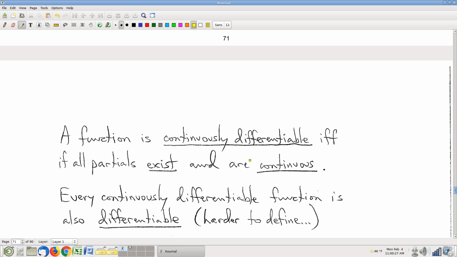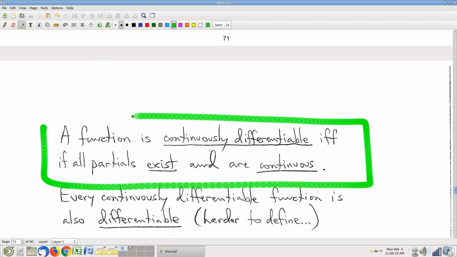Okay. So we'll start with one thing that's easy that we can do, and that is the definition of what it means for a function to be continuously differentiable. It's really easy. It means exactly what you would expect based on ripping off from Calc 1. It means that partial derivatives, because this is a multivariable context, exist and are continuous.